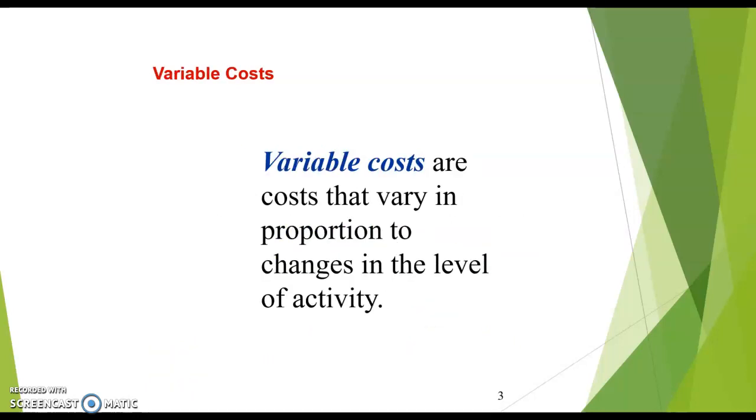Now, costs are divided into 3 different types, and the first type is called variable costs. Those are the kinds of costs that vary in proportion to the changes in level of activity. So, in other words, if we build more dog houses, we will need to spend more on lumber.